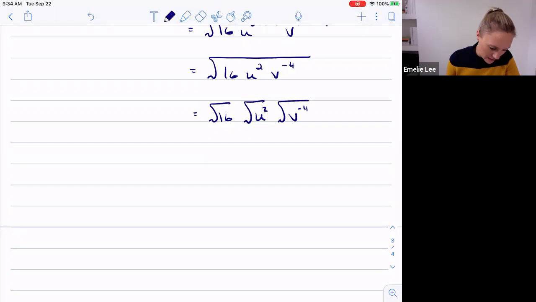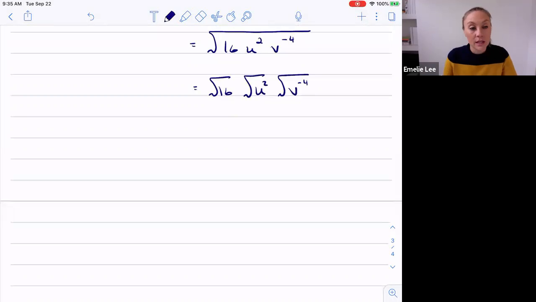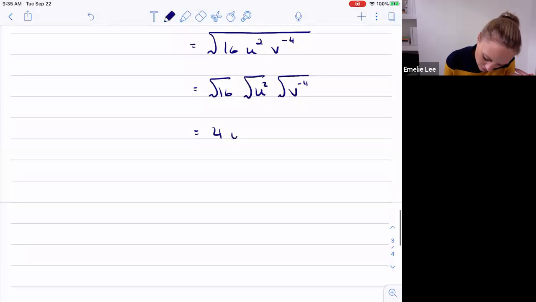So the square root of 16, fair enough, you can use your calculator. It's just the square root, so now we have that square root button, but you might remember that it's 4. Here, right, I could go through and I could write, okay, u squared times 1/2, that's u to the 2 over 2, u to the 1, but I want us to get comfortable with just rewriting this as just u, right? And then v to the -4 and then the square root, that's the same as v to the -4 divided by 2.